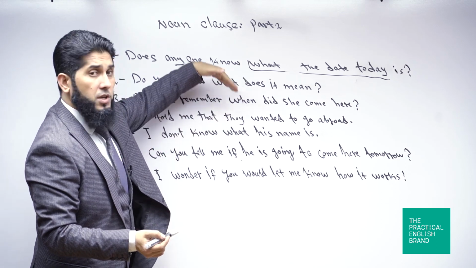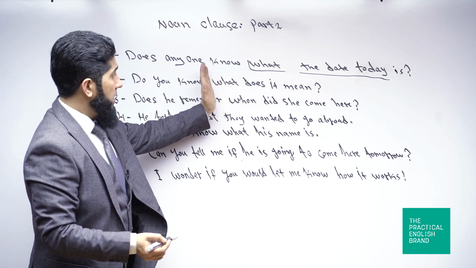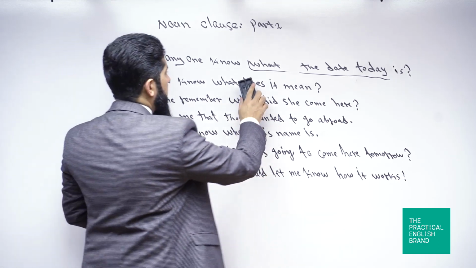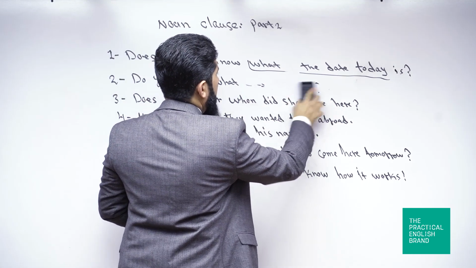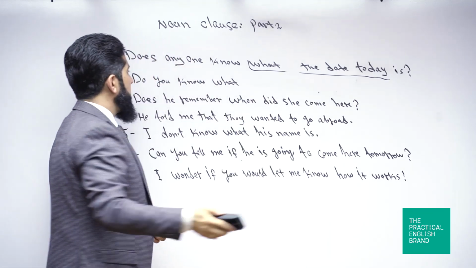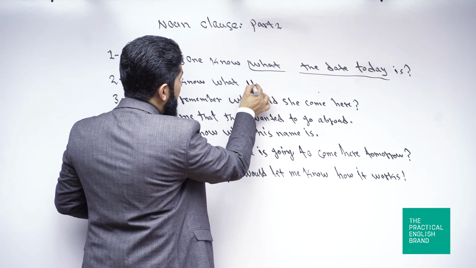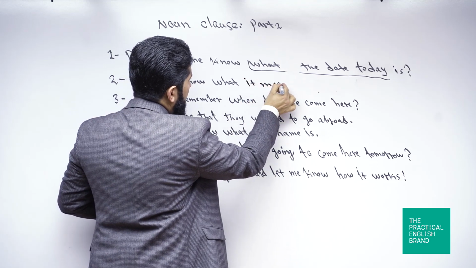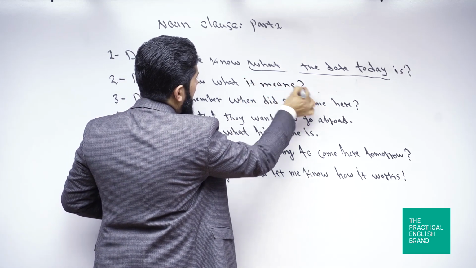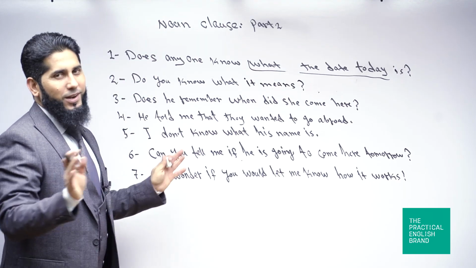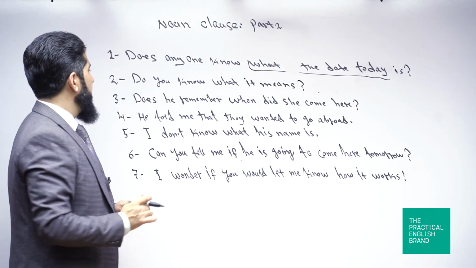And because there's interrogative form here inside the noun clause, it is not correct. So we need to change it to affirmative form. Do you know what it means? Now it is correct. If somebody says, do you know what does it mean? That will not be correct according to grammar.